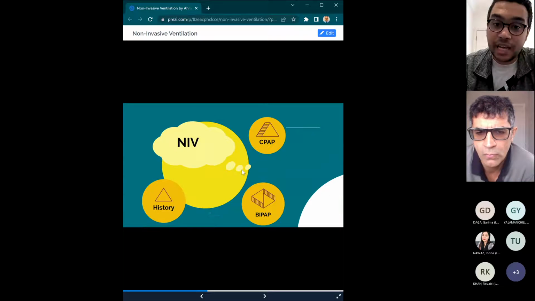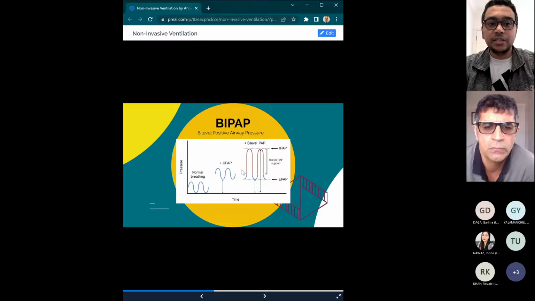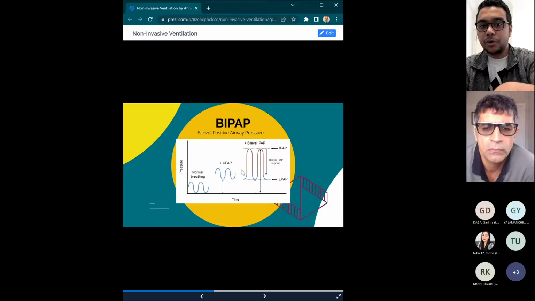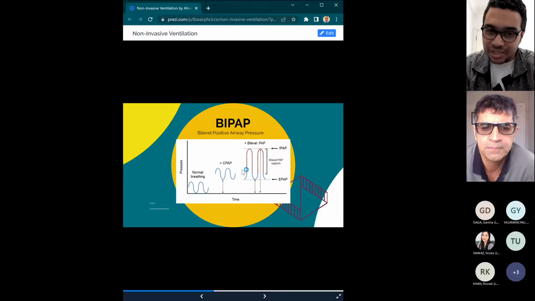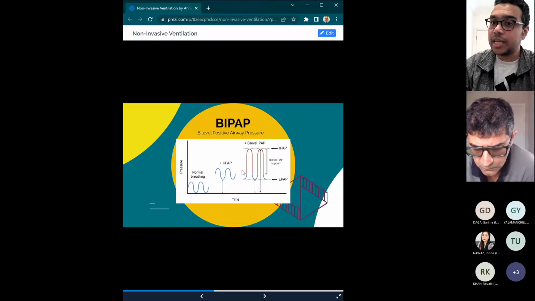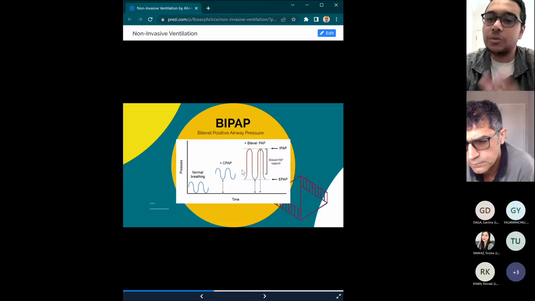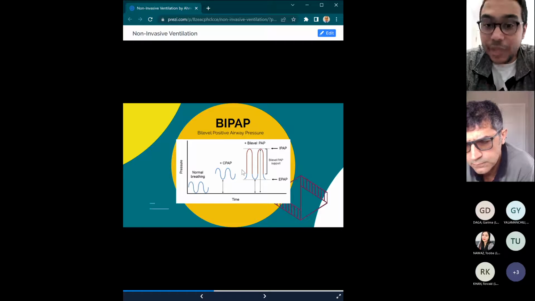While in BiPAP, we have two levels of pressure. So you can see here the normal breathing, which is not entirely correct, because there is never a zero pressure in the airway or in the lungs, because the lung will collapse. We can go a little bit up on the pressure value, which is what we call the intrinsic PEEP.